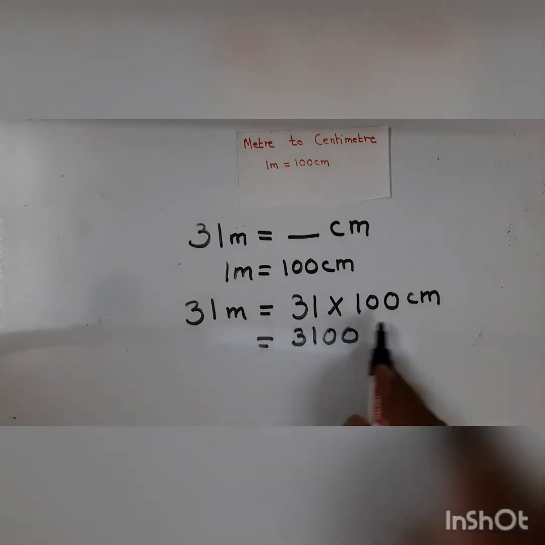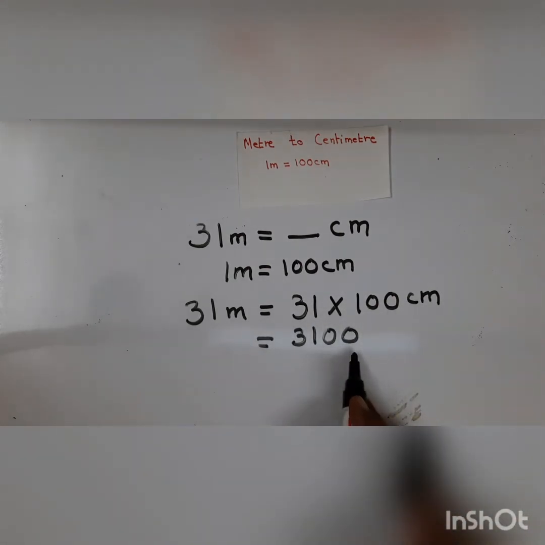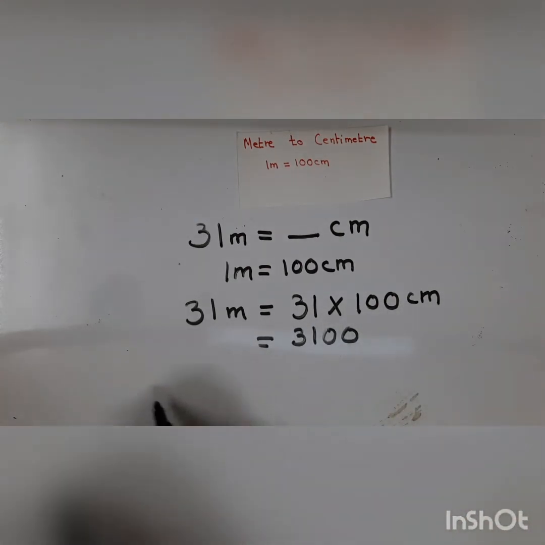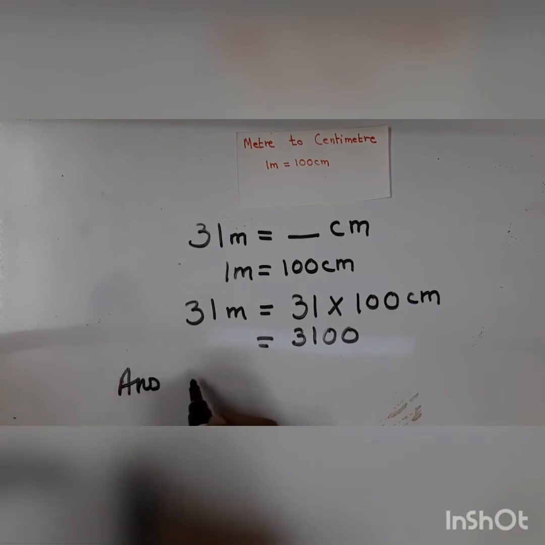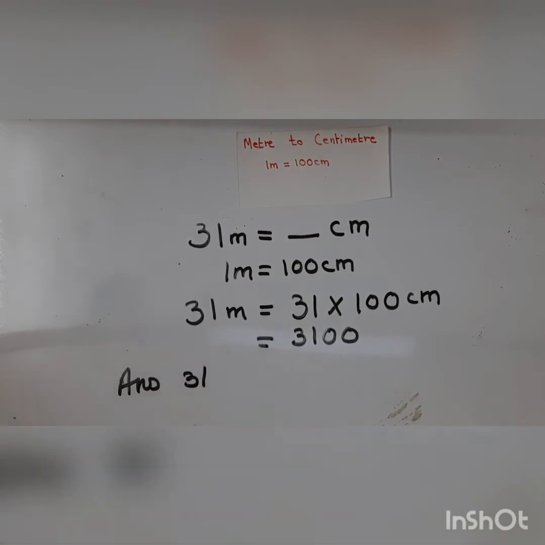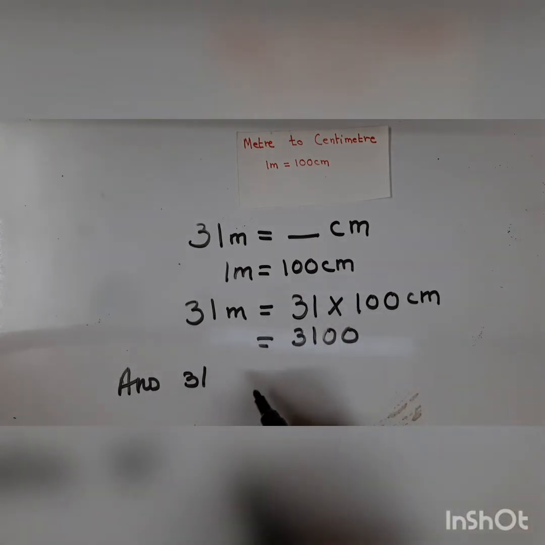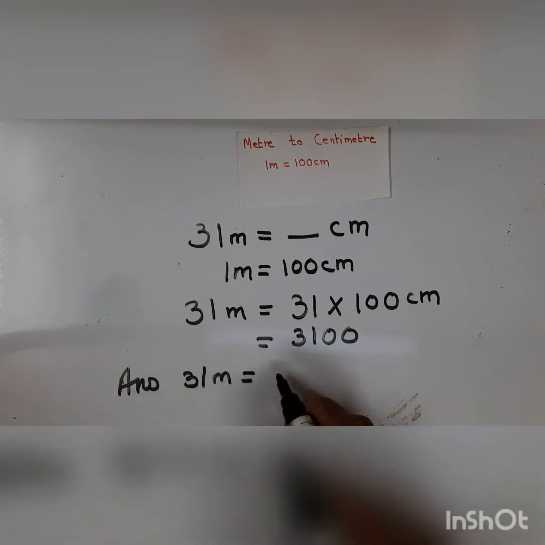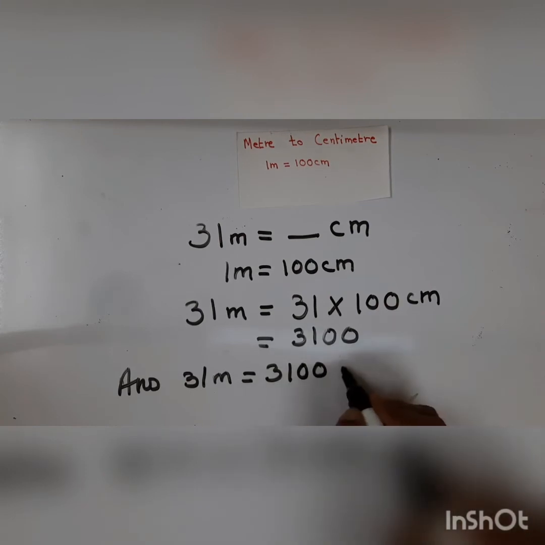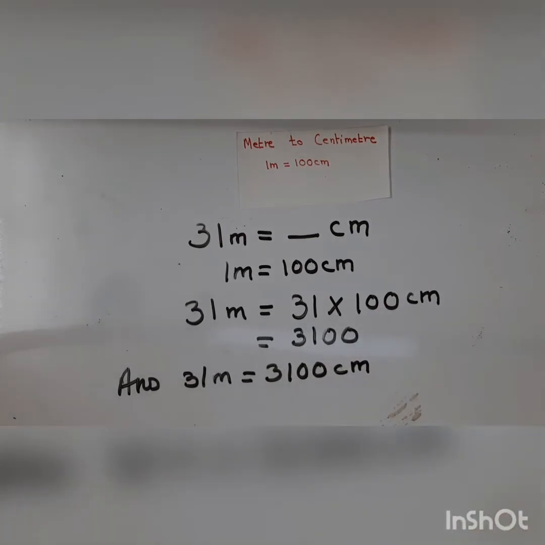When you multiply by 2 zeros, you just have to add 2 zeros. So multiply by the value, 100. Remember that. So 31 meters is equal to 3100 centimeters. Clear?